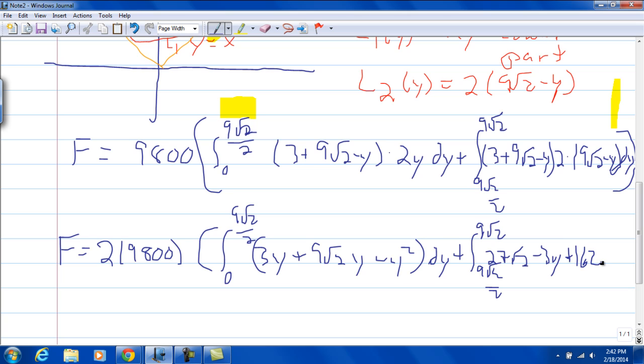Then we have 9 root 2 times y, minus 9 root 2 y. Then negative y times 9 root 2, so another minus 9 root 2 y. And then plus y squared dy.